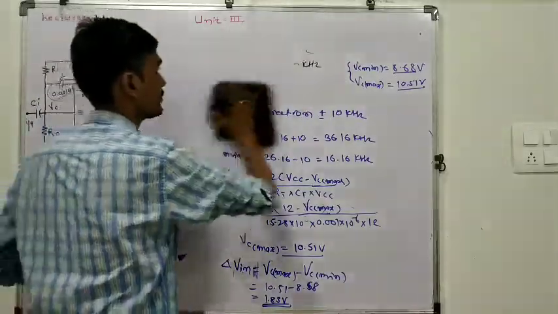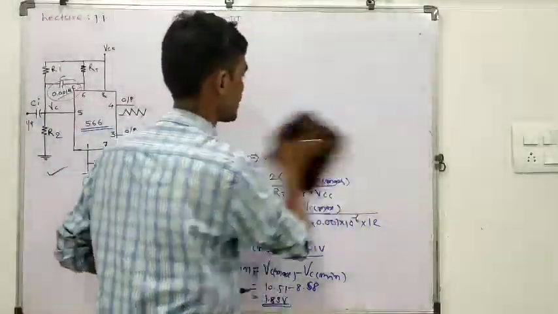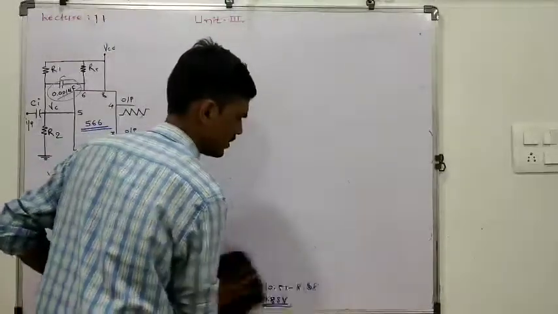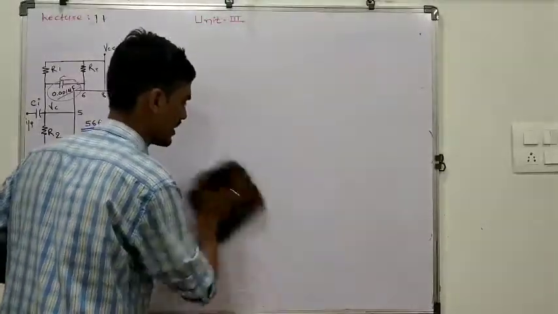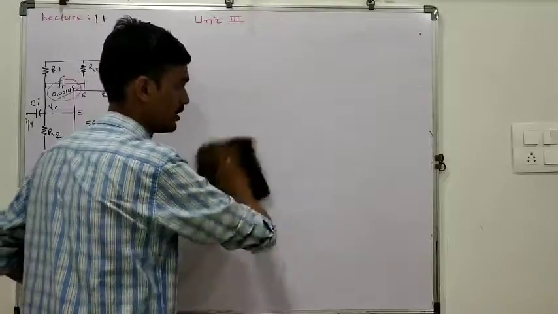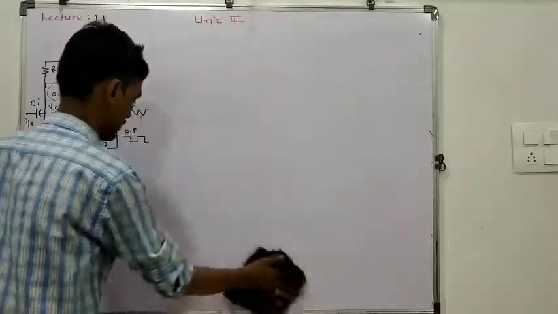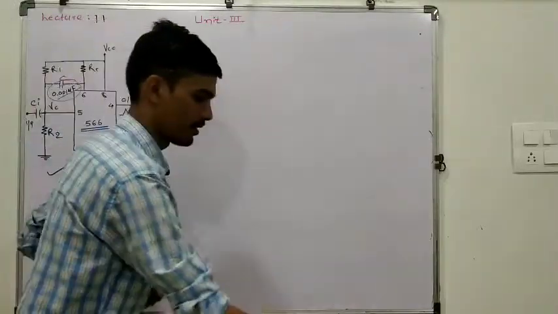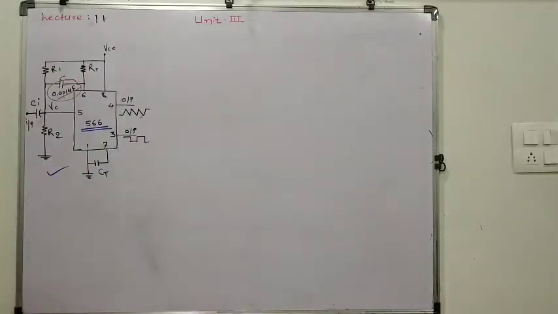So this is the second problem related to IC566. Now move towards the last problem. Such a type of problem may be asked in the exam, and this problem was already asked in a previous exam. The last problem is again related to this.